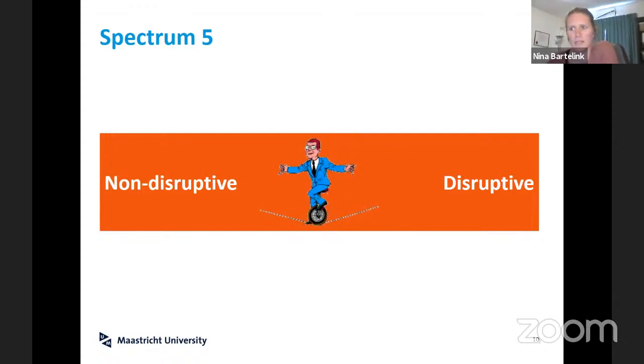It's probably easier to implement, but you can also decide to focus on more disruptive changes, the right side of the spectrum. That's probably more complex and difficult, but it can really trigger the school system and create more focus on health and well-being and create momentum for additional health promoting interventions.